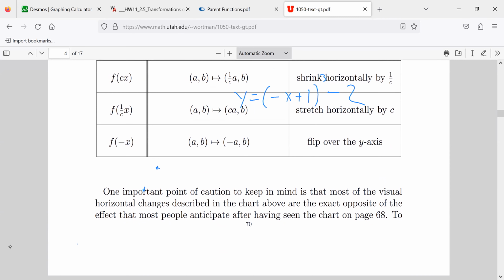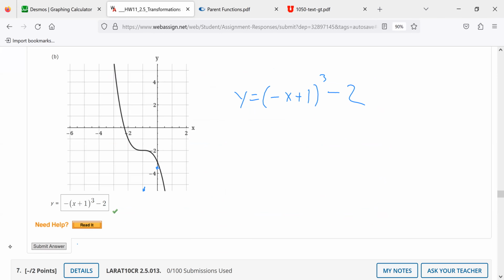So plug in a negative x, which I did here. Plug in negative x. So my argument is flipping horizontal or vertical is the same for this particular graph.